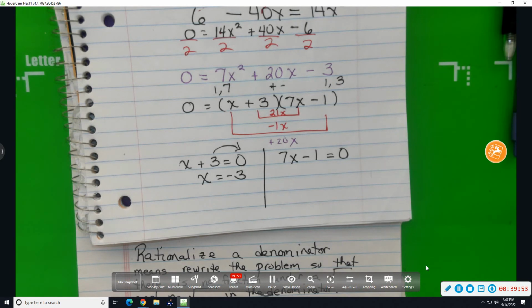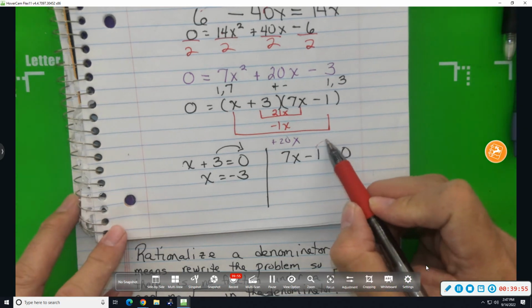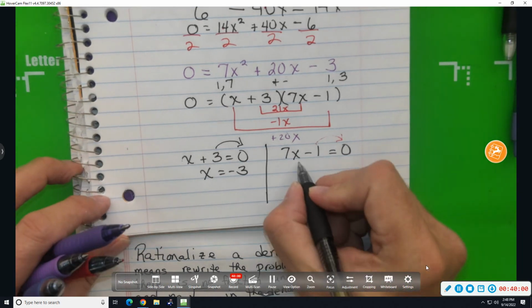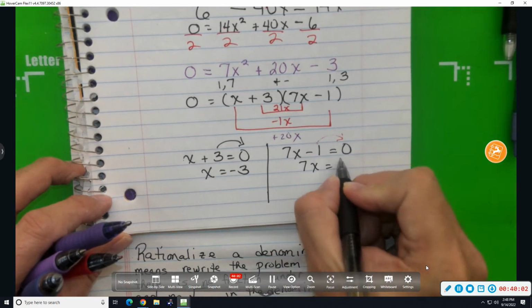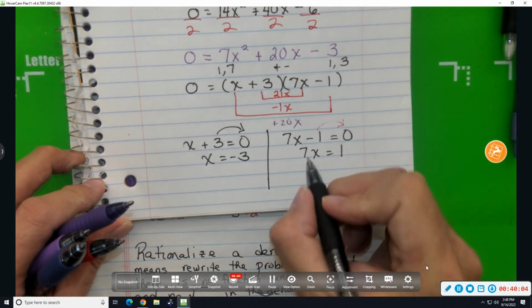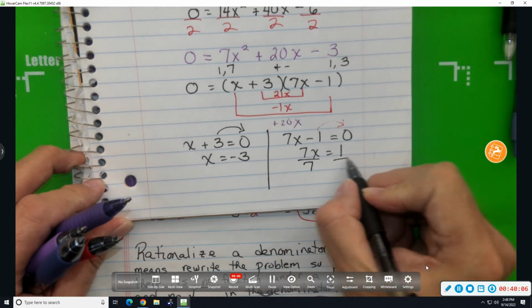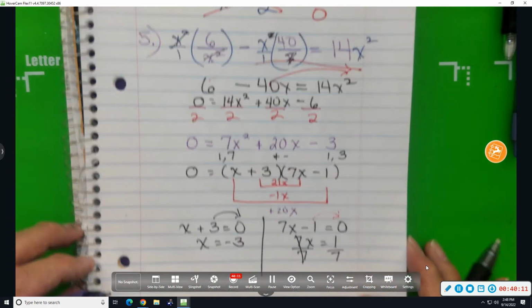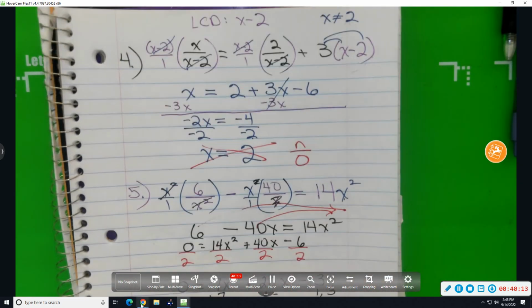How do I solve that for x? Add the 1, so we have 7x equals 1. And then divide to get 1 over 7.